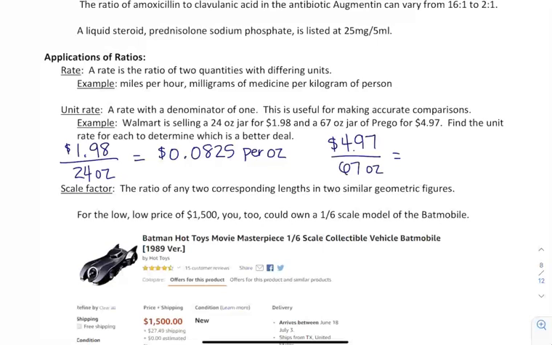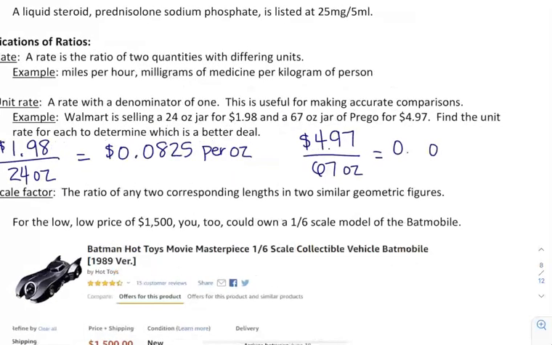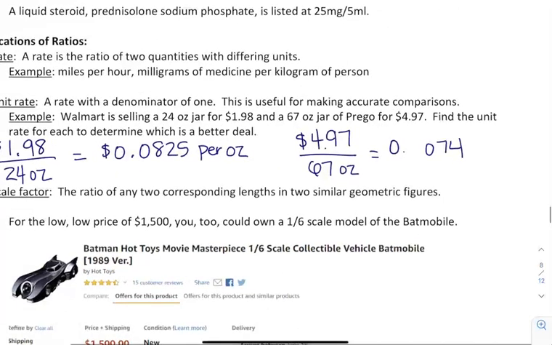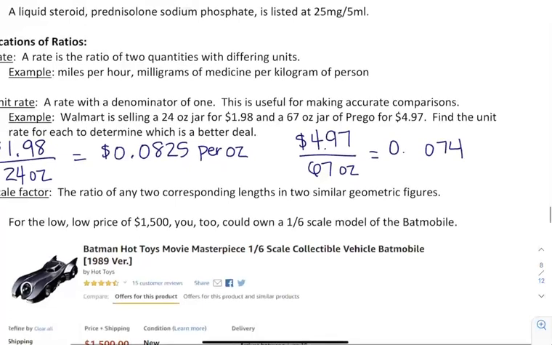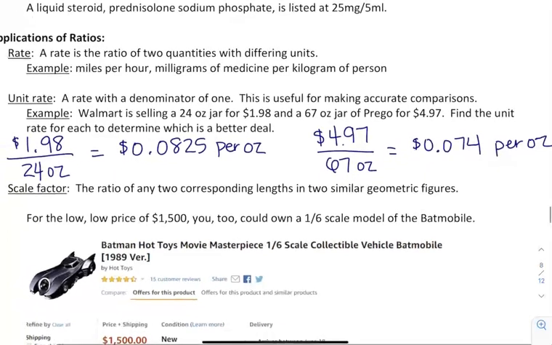You would do 4.97 divided by 67, and you get $0.074 per ounce. I'm sorry that got all spread out. Let's write that a little better. Often you will find that the larger container is a little bit cheaper, but not always.